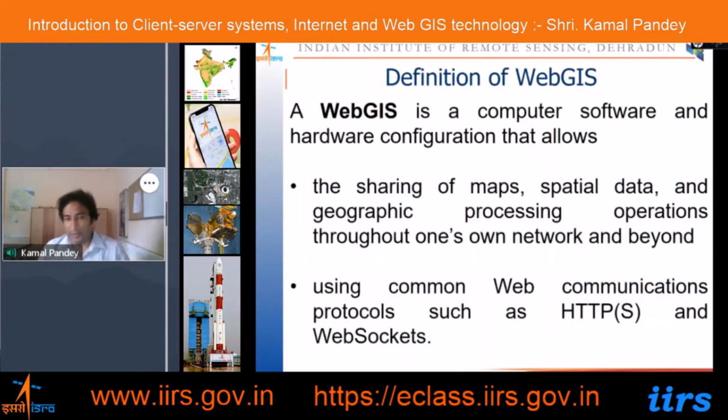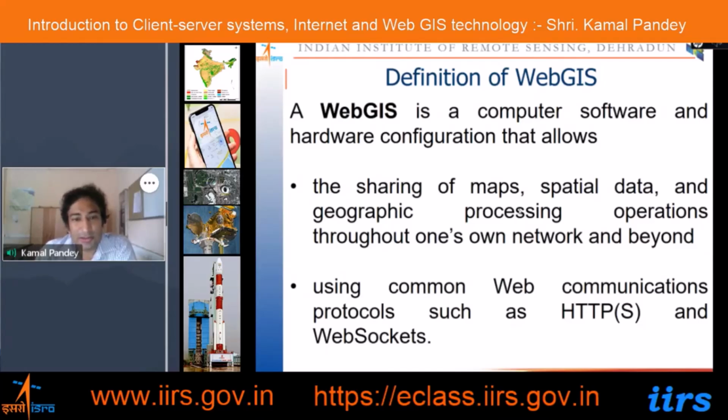Now come to the definition of a WebGIS. It is again a very common definition, which I have also taken from the internet. A WebGIS is a computer software and hardware configuration together.